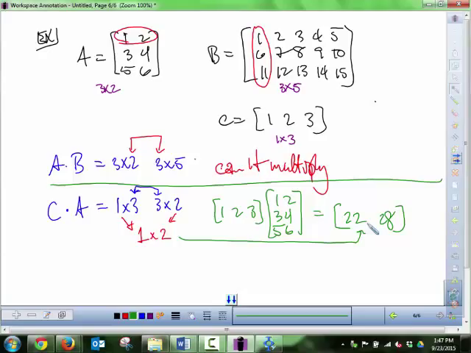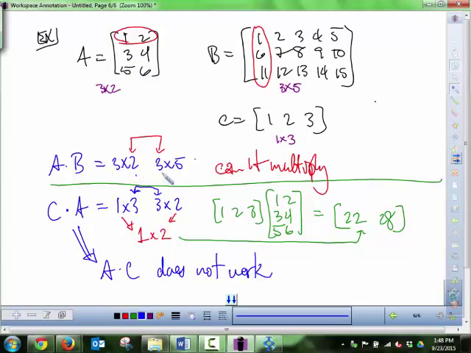So you can do C times A, but you cannot do A times C, right? In this case, you can't even do A times C. It's not going to work. Not that you decide the order, but whenever you're multiplying, the first thing you should check is to make sure that the number of columns in the first matrix matches the number of rows in the second matrix.